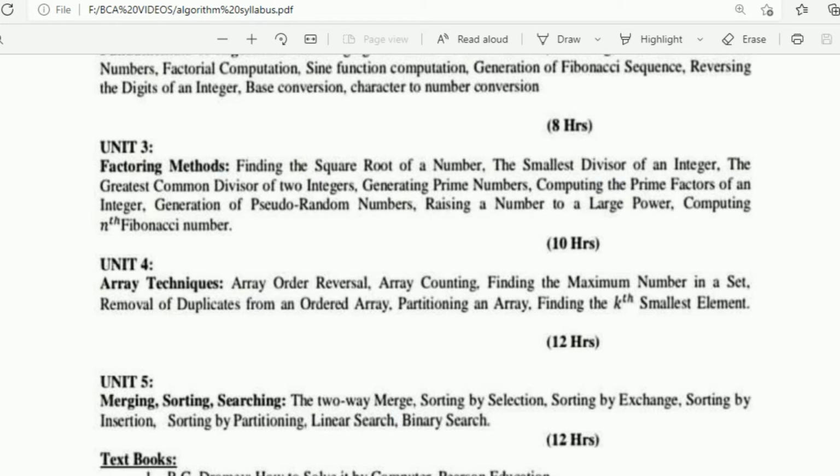There will be two-way merge, sorting by selection, sorting by exchange, sorting by insertion, sorting by partitioning, linear search, binary search.